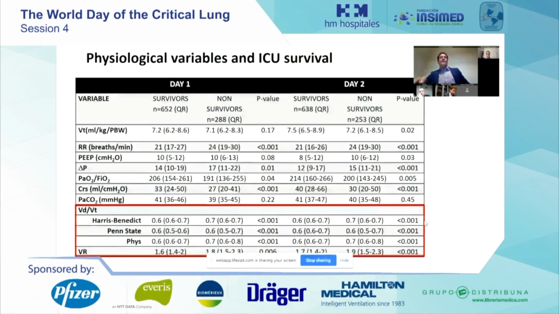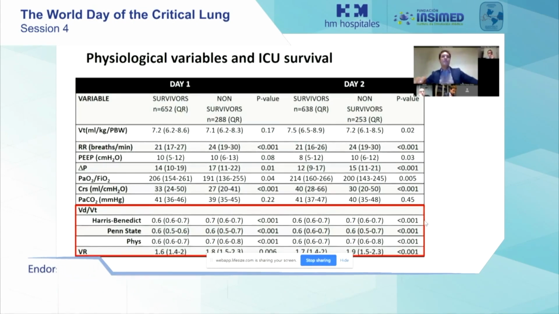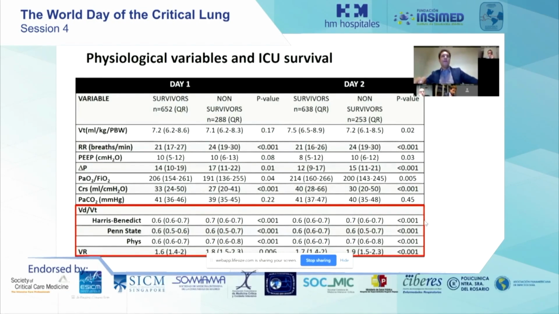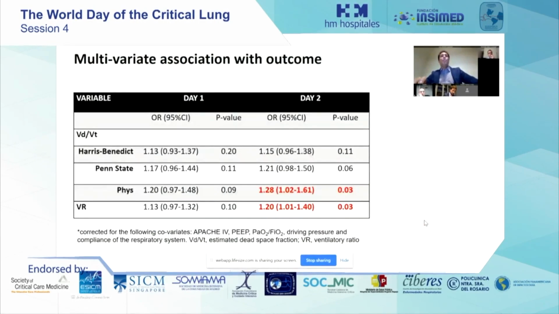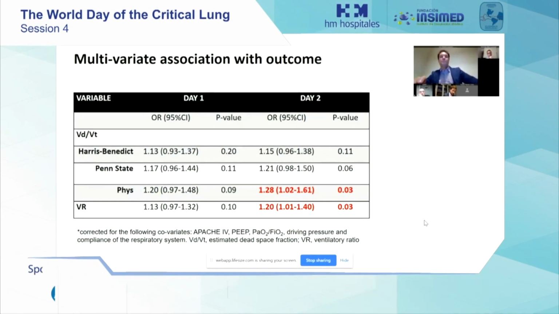What we observed is that at both day 1 and day 2, VD/VT estimates and the VR were significantly higher in non-survivors compared to survivors. And also, both VD/VT estimates and the VR were associated with mortality at day 2.